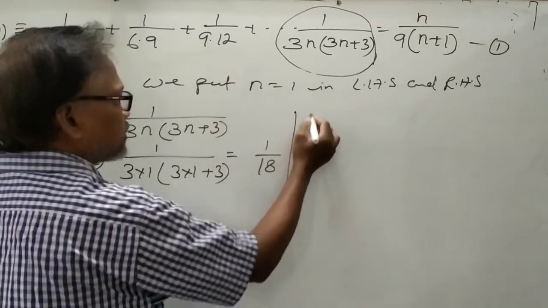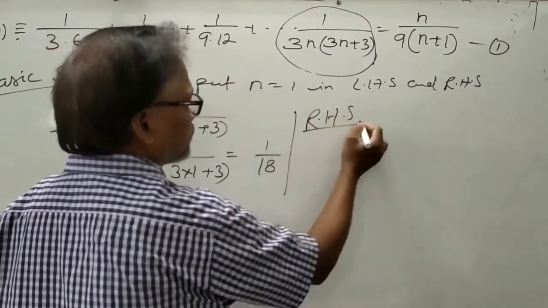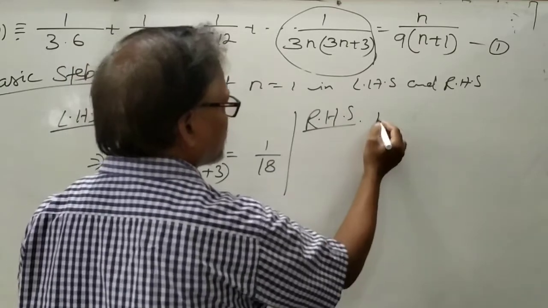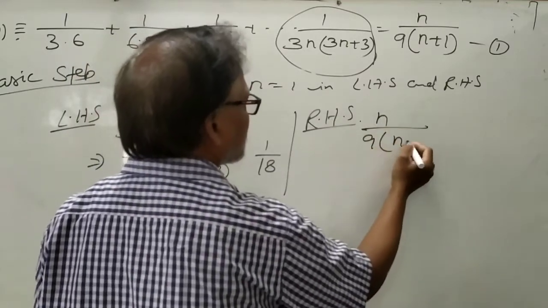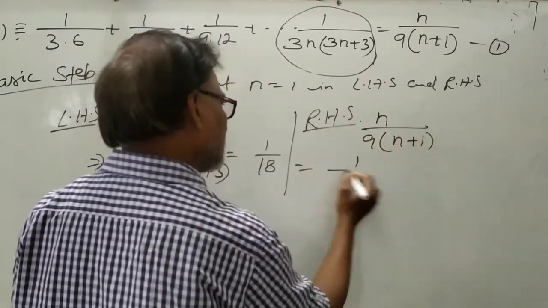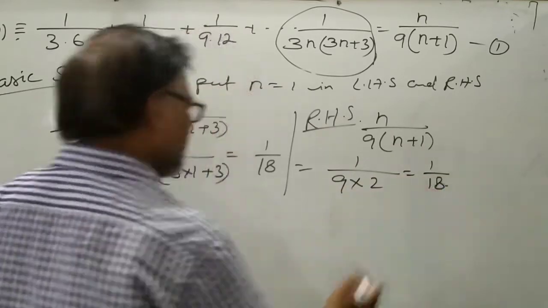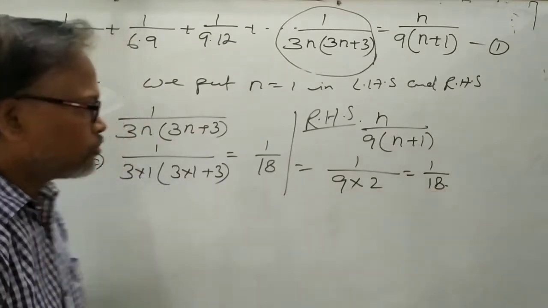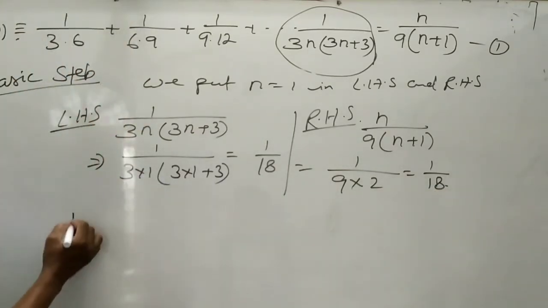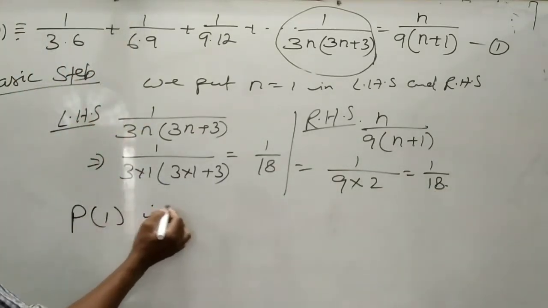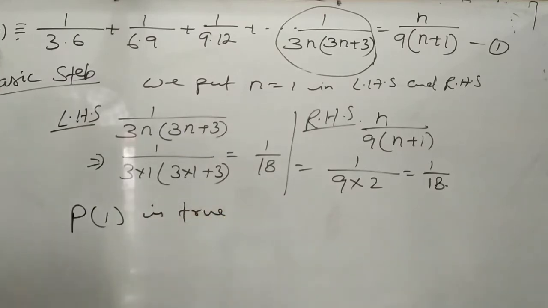Now RHS, it means both are equal. So therefore you will write here P1 is true.